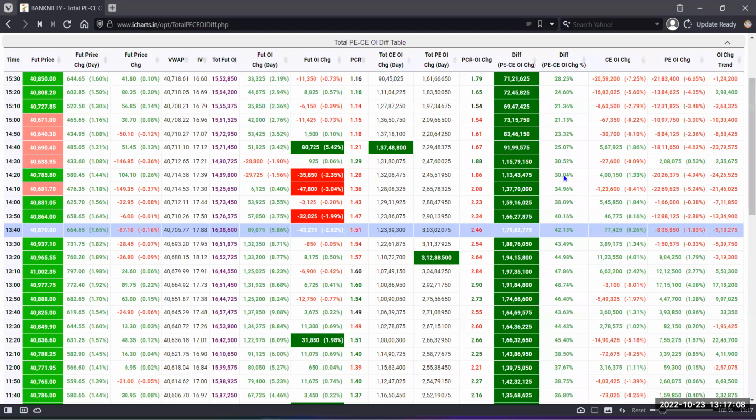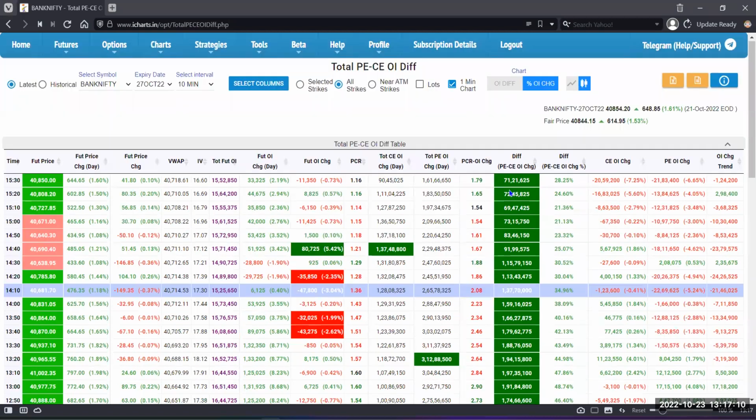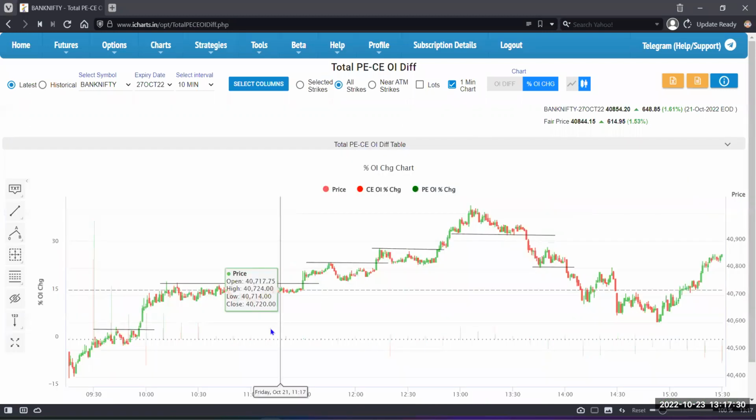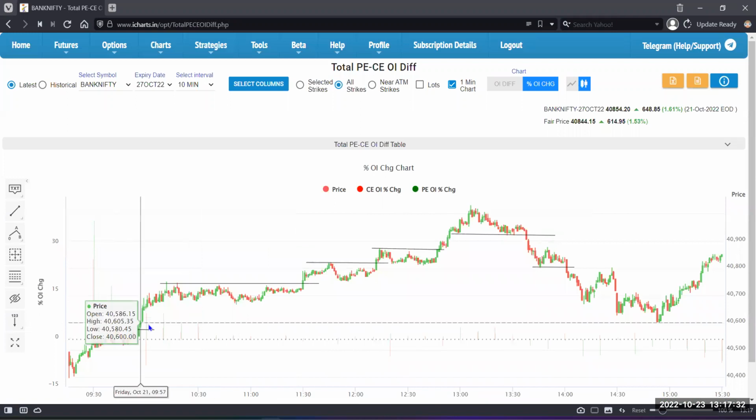But focus on these things that we have discussed, mainly buildup and unwinding, and these overall OI changes and how they are moving, the max levels, and also time slot based buildup and unwinding based on the price structure.